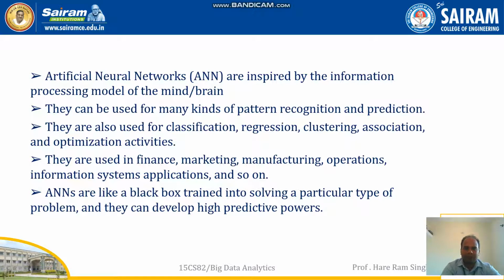So what are the uses of artificial neural network is to recognize some hidden pattern and make some prediction about some events. They are also used for classification, regression, clustering, association, and optimization activities.